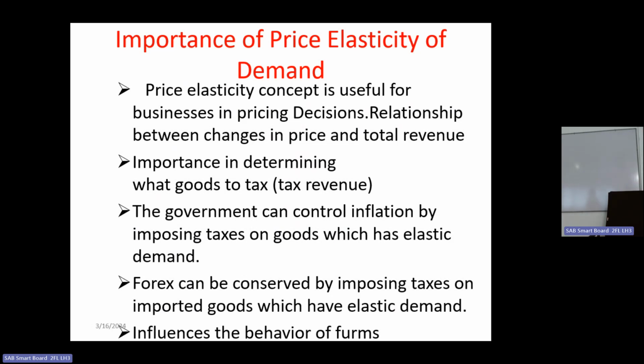And the second one is the importance of price elasticity in determining taxes. The government can decide on this because of the government budget, so every government will consider this, in the tax cases and in fiscal policy.